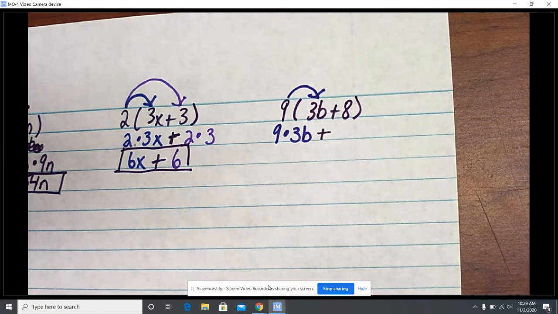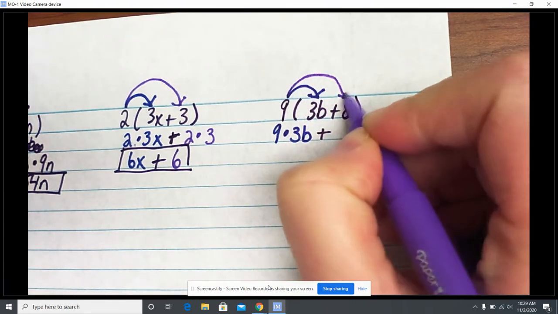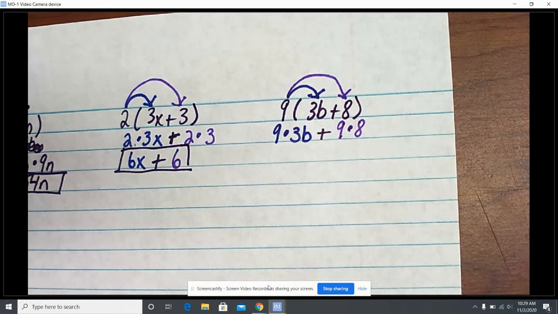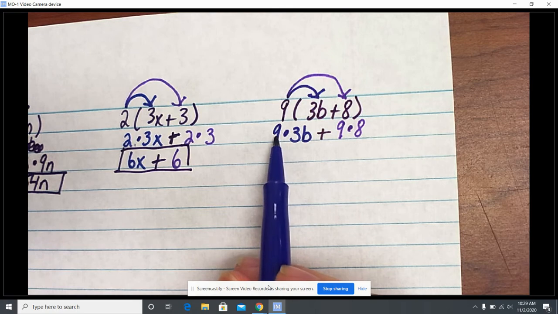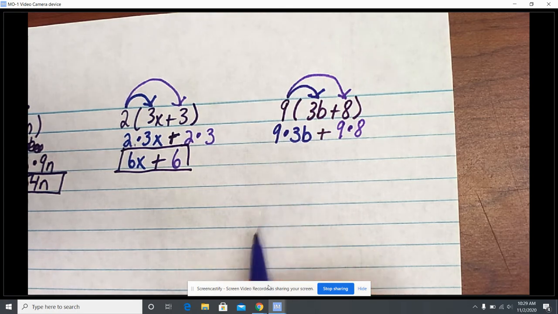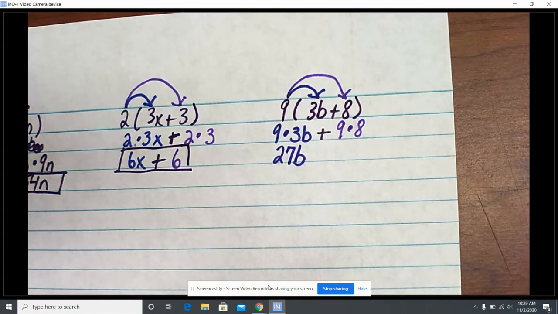First, I'm going to work out my 9 times 3b. So 9 times 3b, if you take 9 times 3, that'll give you 27, and then my b goes with that.